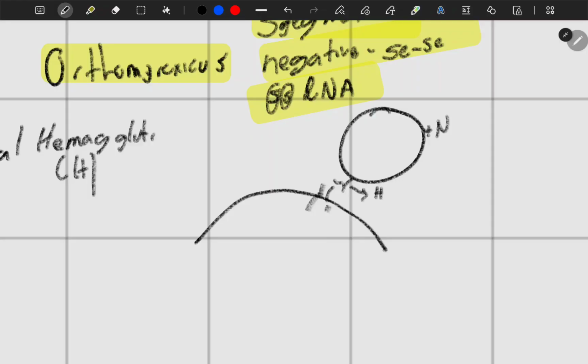It's important to recognize this sialic acid because later we are going to talk about drugs that target it. So the viral hemagglutinin binds to sialic acid receptors on the host cell surface, followed by entry via endocytosis.